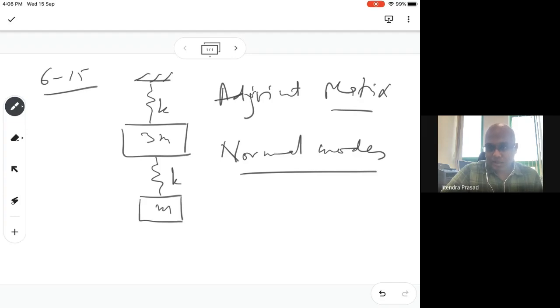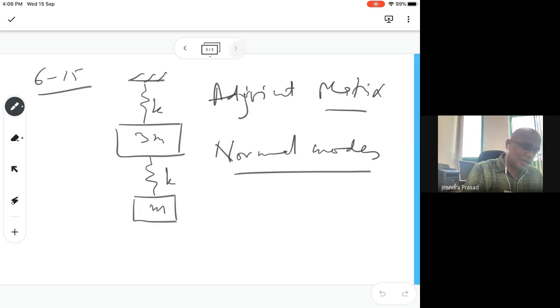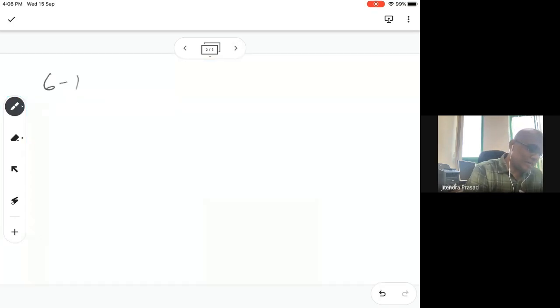So this also says the same thing about the adjoint matrix. However, in 616 the system is like this. You have two disks. So one disk is like this one.